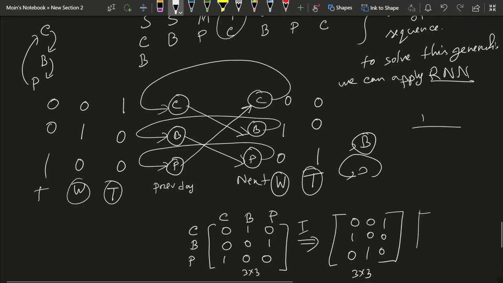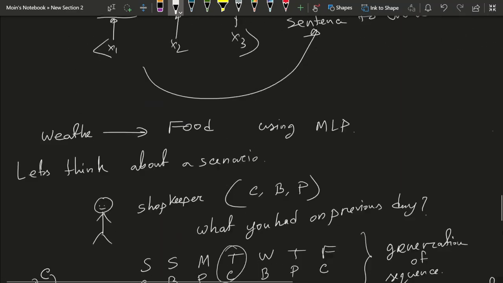And if you multiply it with some food, which is 3 into 1, it will produce 3 into 1. This is basically chicken, and there's the weight matrix. If you multiply it, it will produce a 0, a 1, and a 0. So this will produce a burger. So the weight matrix is referring to which next food we can get.